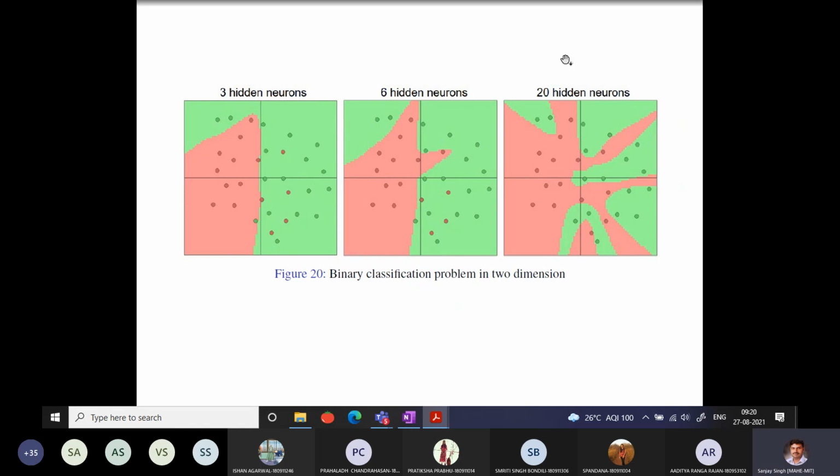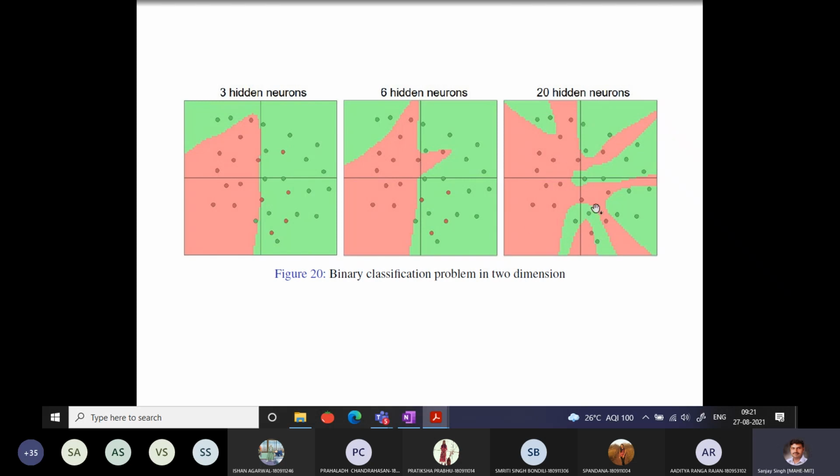Now, from this, let's say 20 hidden neurons are there. And if you see, almost all the function is approximated so well that it has covered the entire red component. There is no red component which is not part of this kind of zoning process.